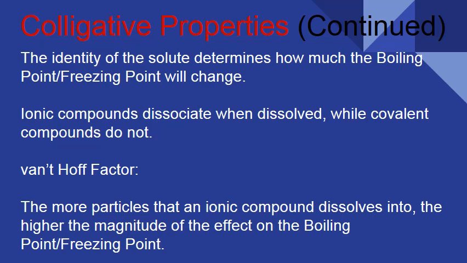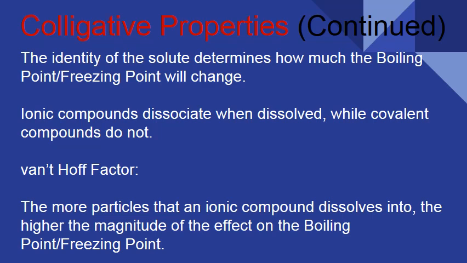Now, when someone mentions the Van't Hoff factor, they're talking about ionic compounds solely. Every ionically charged particle in an ionic compound has a Van't Hoff factor of 1. So for example, an ionic compound like NaCl, which is table salt, has a Van't Hoff factor of 2 because it has 2 ionically charged particles in it, Na+ and Cl-.